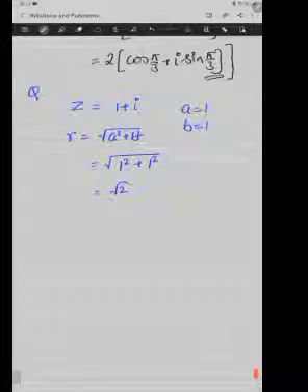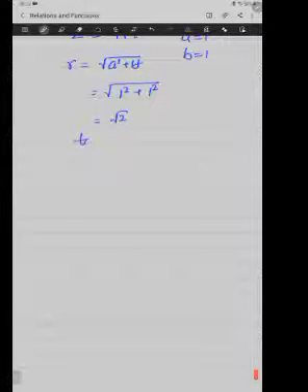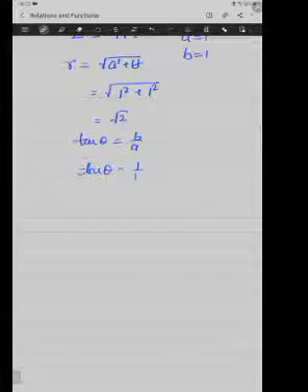After r, we need to calculate theta, but for that tan theta is equal to b upon a. So tan theta is equal to 1 upon 1, so theta equals pi by 4.